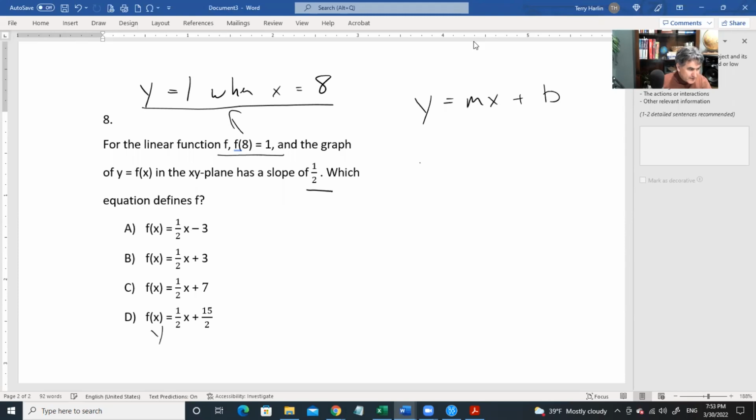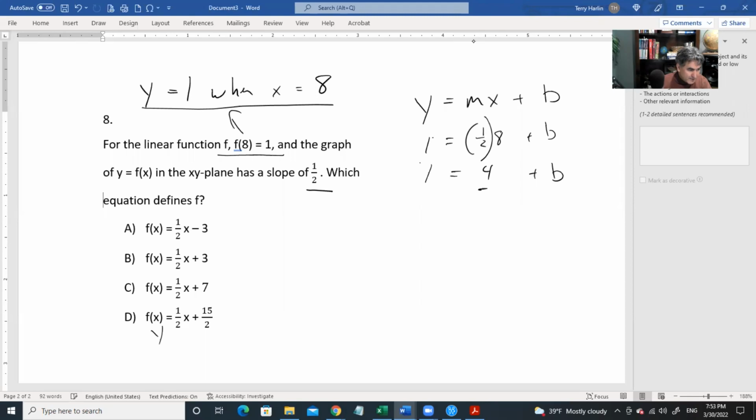Now we just need to find our b. So let's create the function here. 8 is our x, 1 is our y, our slope is 1/2, and so that is 1 equals 4 plus b.